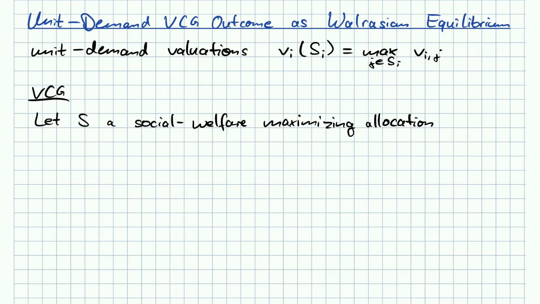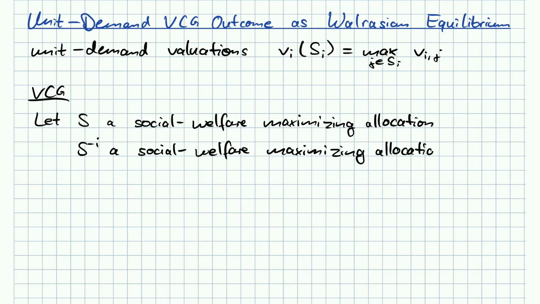So S will be just a social welfare maximizing allocation, and S_{-i}, S superscript minus i, this is a social welfare maximizing allocation if bidder i is excluded.